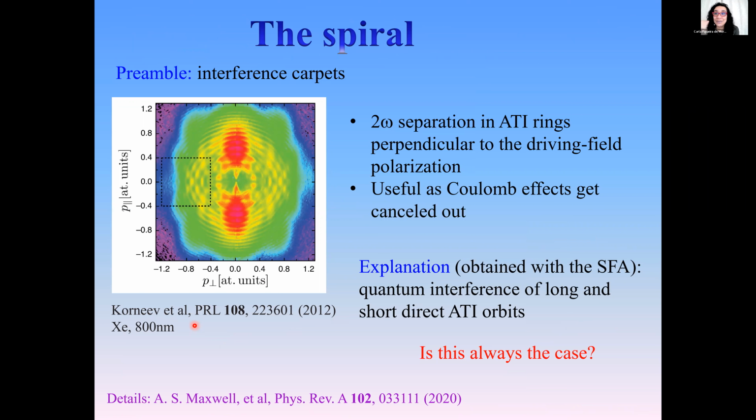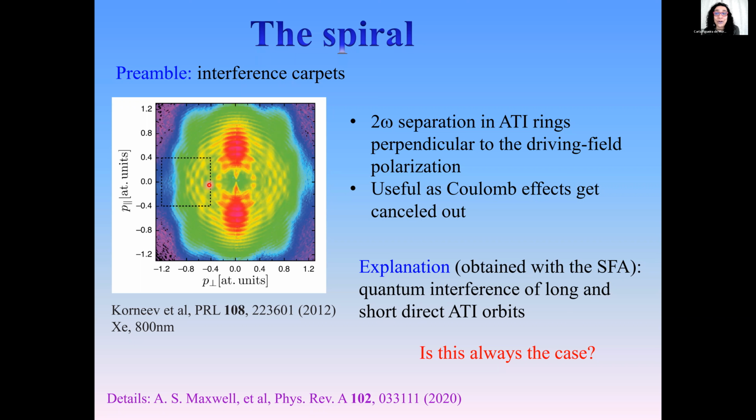Remember, at the very beginning of the talk, I showed you a picture from 2012 in which people showed an interference carpet. You have these rings. They are due to intercycle interference. And if you look here, perpendicular to the polarization axis, you have a separation of 2 omega.